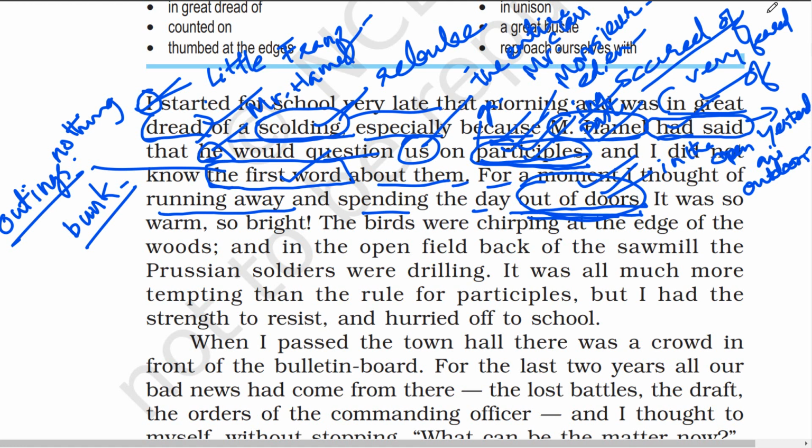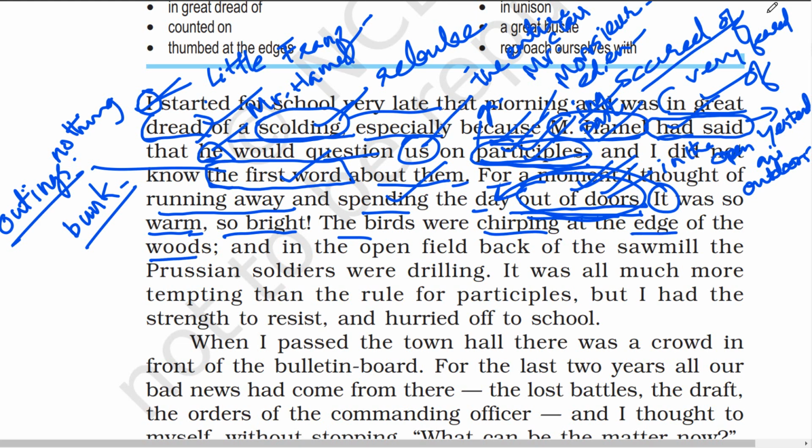Outside of that school, he decided to remain spending the day out of doors. He decided to spend the day outdoors. It was so warm. What was so warm? It means the day. The day was so warm, so bright. The birds were chirping at the edge of the woods.